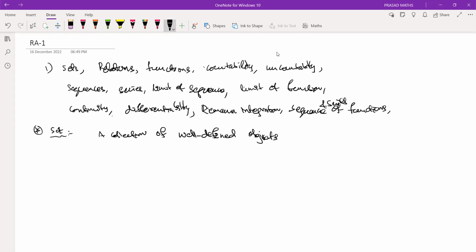What do you mean by well-defined? Who is belonging or not belonging. Yeah. That means for a particular object, whether it belongs to the given collection or not, you need to be in a position to say.